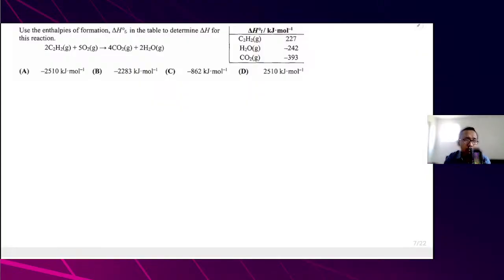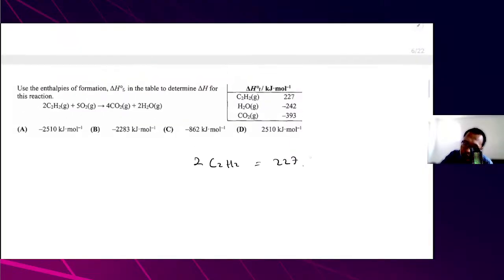This is the key. Now we want to do the last question of the study questions, and after that we're going to move to the real questions. Use the enthalpies of formation, delta HF, in the table to determine delta H for this reaction. Let's take a look. We have 2 C2H2, so it will be 227 times 2.